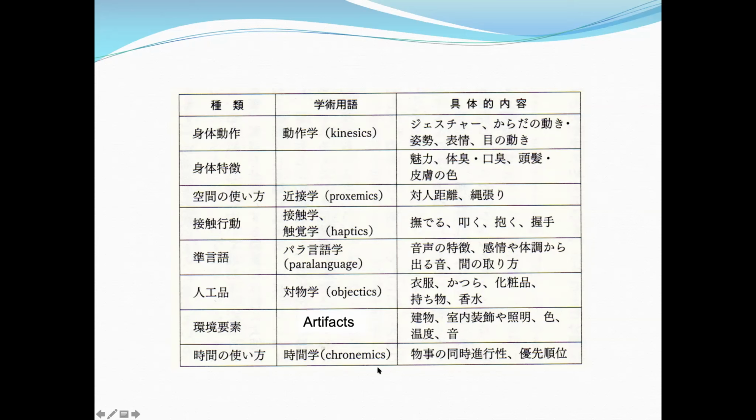And finally, chronemics. The study of time, how you use time. Simultaneity of things, and priorities. We're going to talk about that a little more, about your own sense of chronemics. We'll check that kind of thing. So it's an interesting field.